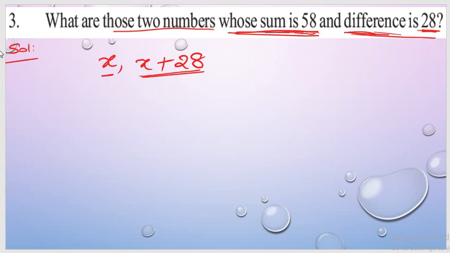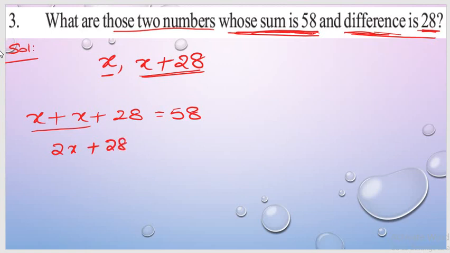Now I am going to solve for this. What he has given, sum is 58. No, what is meant by sum? Sum is nothing but addition of those two numbers. So that means x plus x plus 28 is equal to 58. Now what is the value of x plus x? So x plus x is nothing but 2x plus 28 is equal to 58.